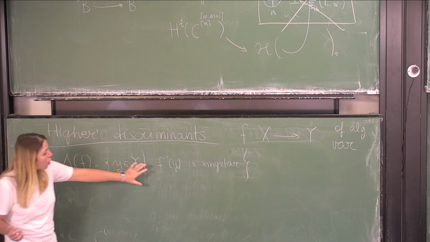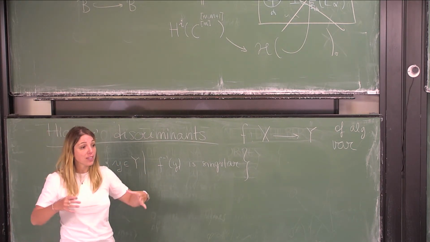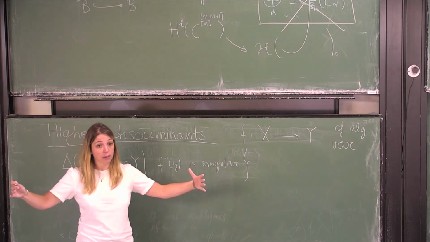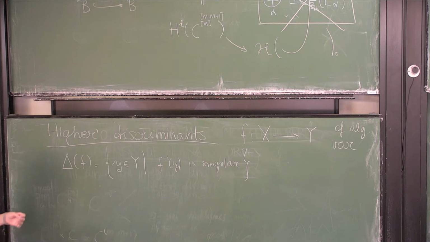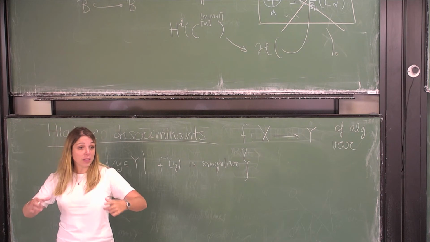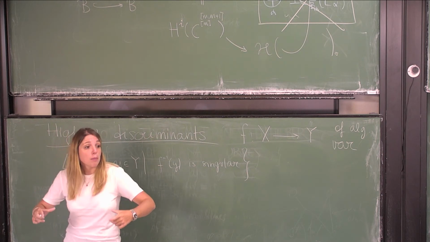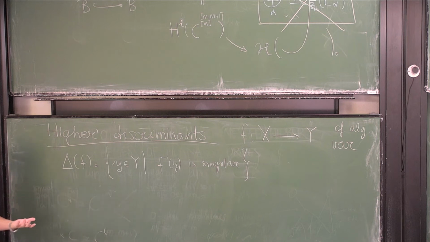The idea behind the notion of higher discriminant is to refine this notion. So instead of looking at preimages of points, we look at preimages of discs of varying dimension. The main idea is that the bigger we take the disc, the more likely the preimage of such a disc will be non-singular. I mean, we know that eventually if we take everything, we will get something smooth.